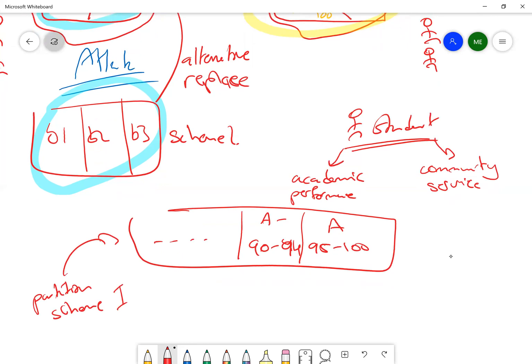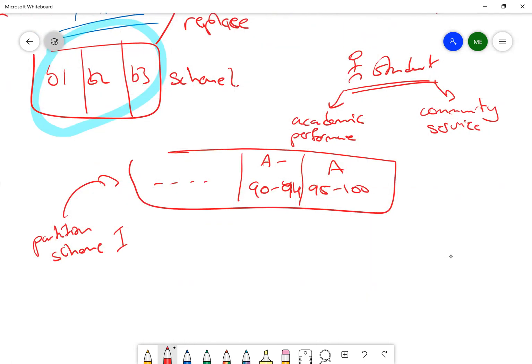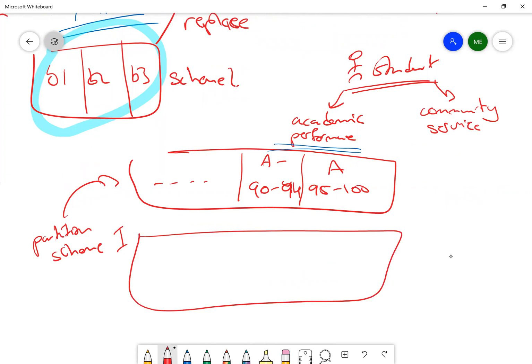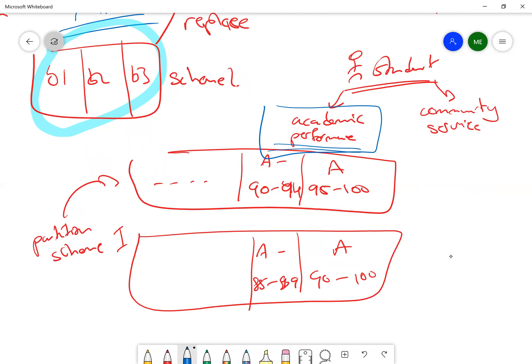A different university, for the same characteristic, could have decided on a different partition scheme. For example, it would decide 90 to 100, that's A, and then 85 to 89, that's A minus. That's just a different partition scheme, but they are judging the same characteristic, that is your academic performance.